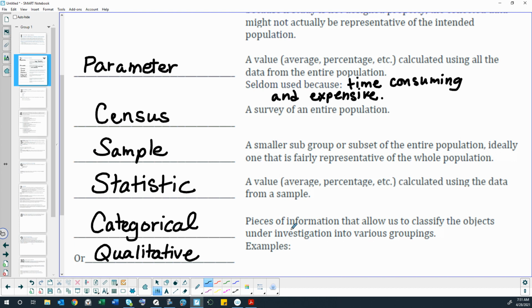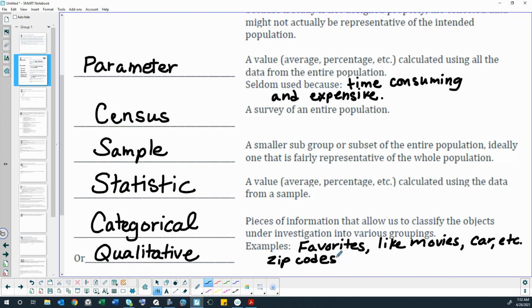So for example, qualitative data might be something like favorite movies, you know, favorite things. Okay, so favorites, that would be qualitative, right? You could put it into groups, right? But another thing that you would be able to use for groupings is something like a zip code, right? Because that groups people together into certain locations where they live.